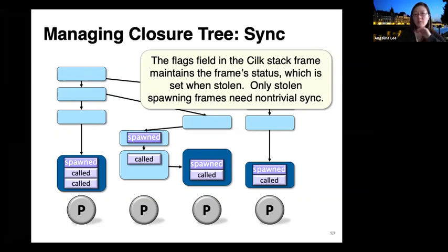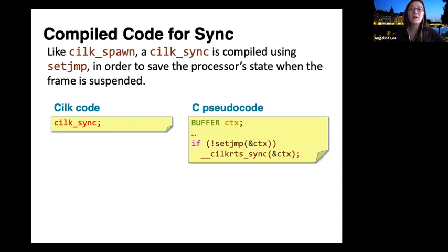We know only a stolen spawning frame can potentially fail on the execution of a Cilk sync. So whenever a frame gets stolen, we set the flag, and whenever we execute a sync, we check the flag and just don't do anything special if the flag is not set. Roughly, when you compile a Cilk sync, it corresponds to the following pseudocode.